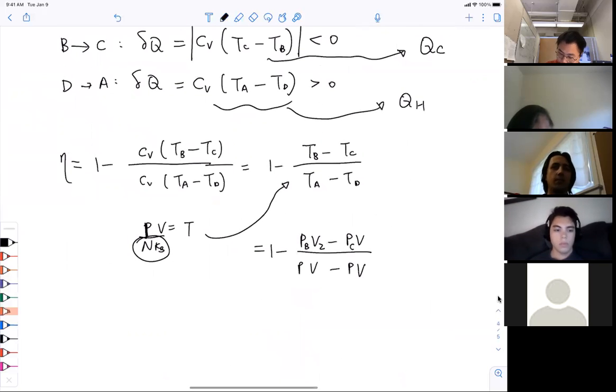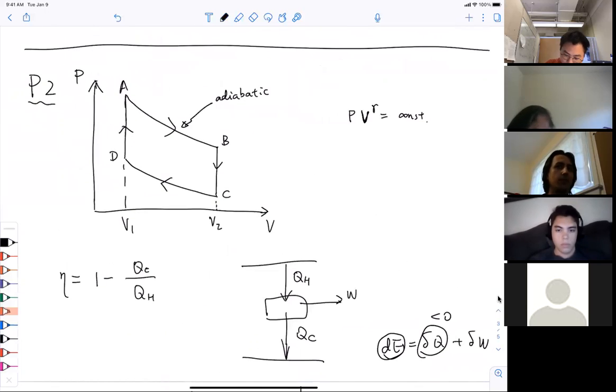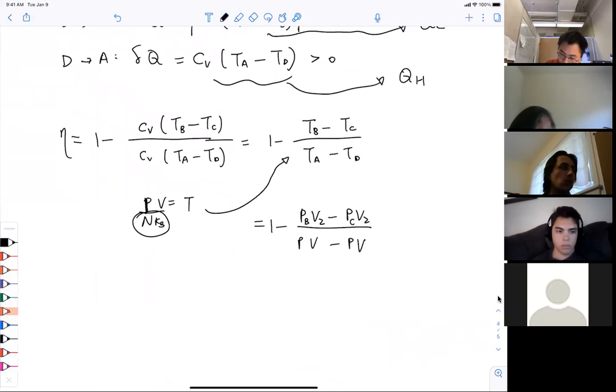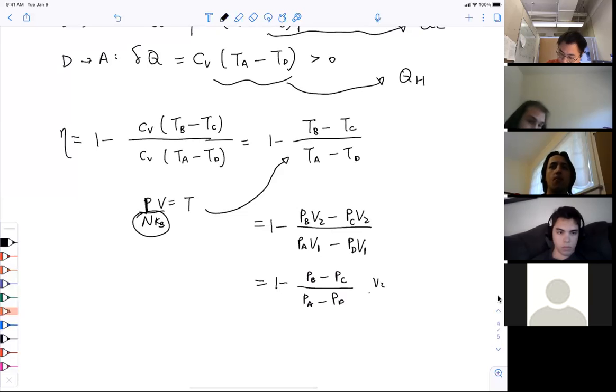And for PC, the volume is also V2. For PA, the volume is V1, and for PD, the volume is also V1. So it's 1 minus (PB minus PC) V2 over (PA minus PD) V1.